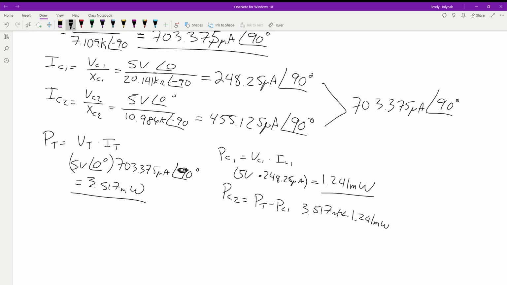Okay. Power capacitor 2 is equal to the power total minus the capacitor 1, or the voltage of capacitor 2 times the current of capacitor 2. And what do both of those equal?